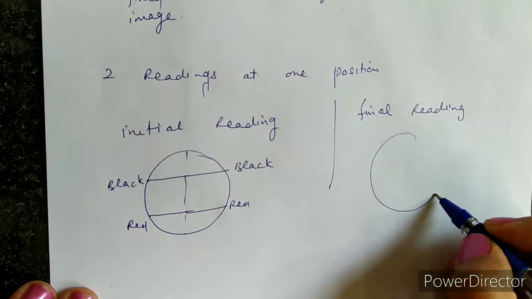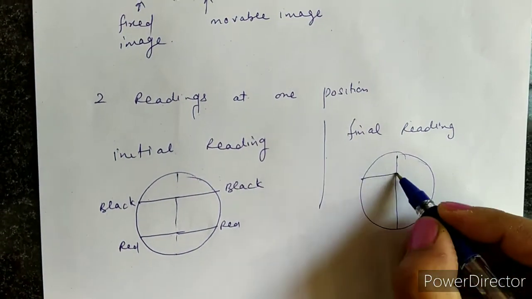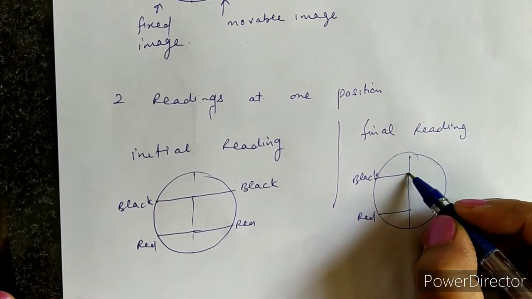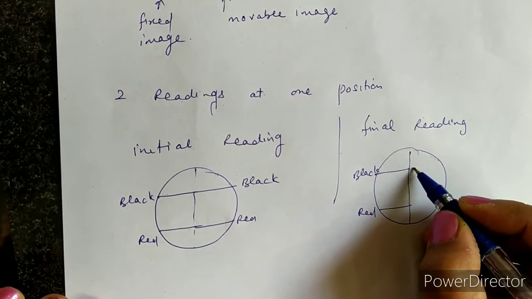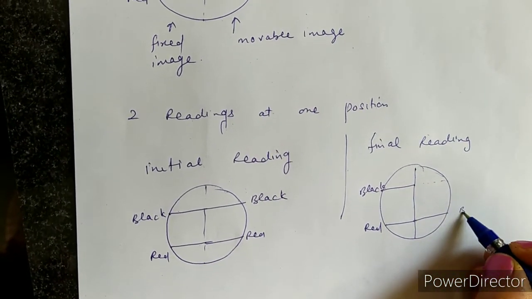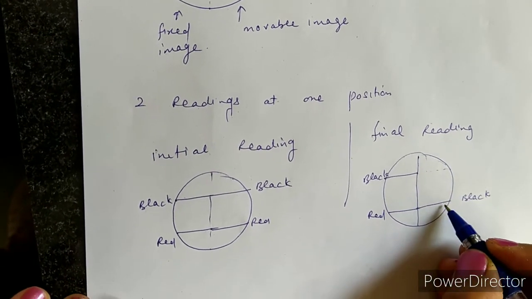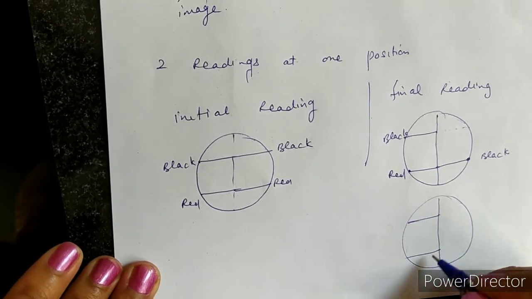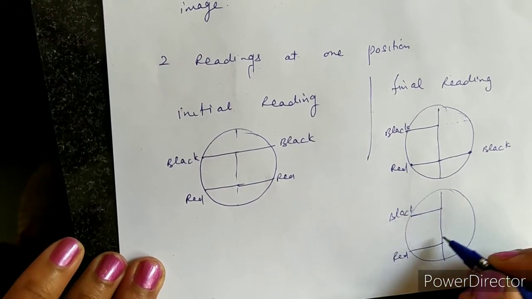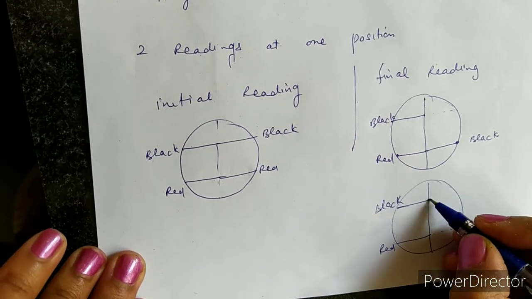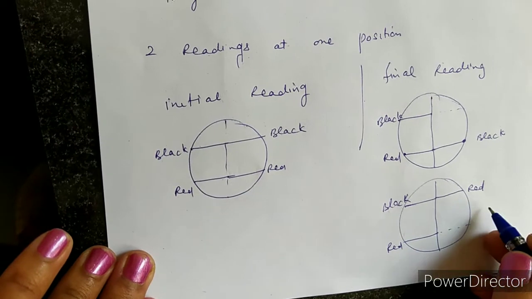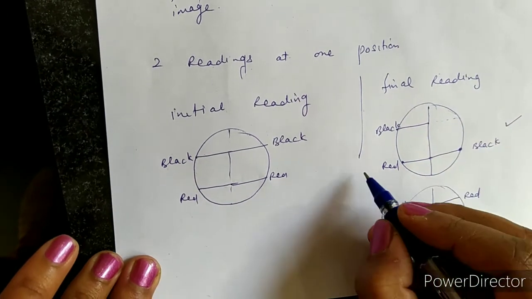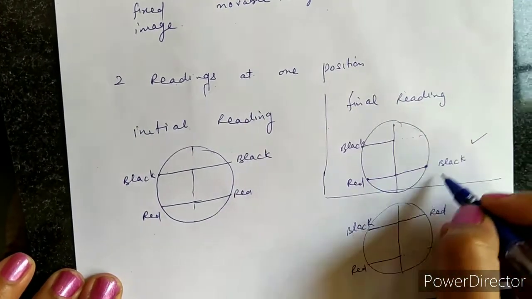And for the final reading, because this is fixed on the left, either you take this black line, so that red coincides with black each time, or you take the red of the right to here, and repeat at the other position the same.